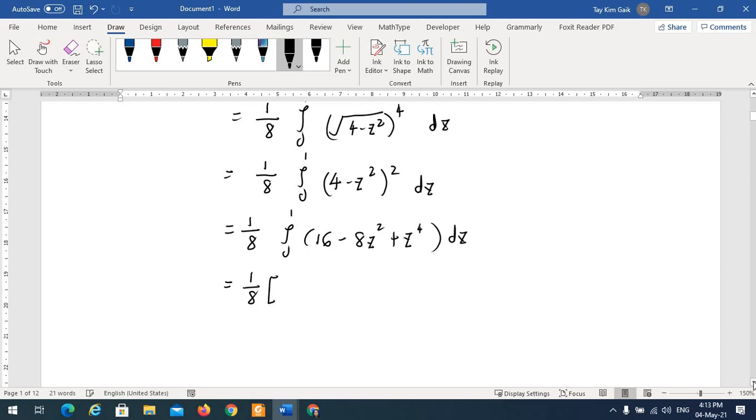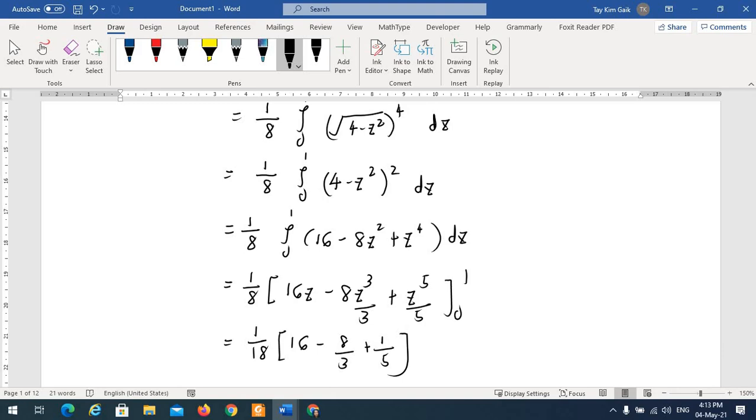So lastly, 16z minus 8z cubed over 3 plus z to the power 5 over 5, from 0 to 1. Plug in the upper limit: 16 minus 8 over 3 plus 1 over 5.